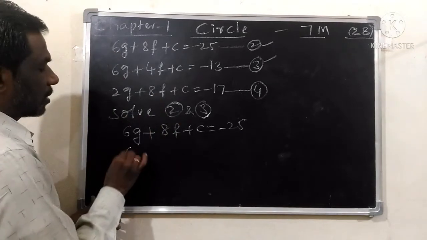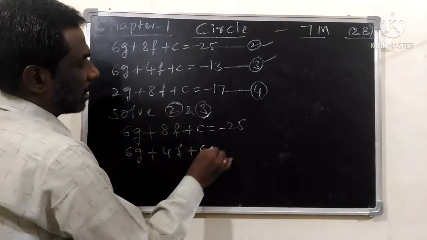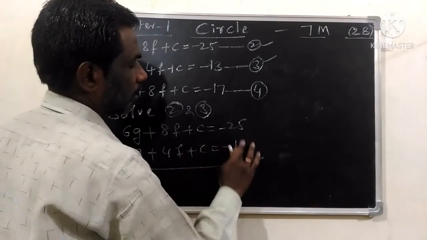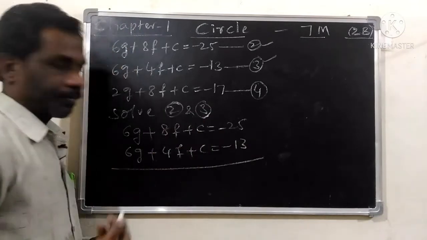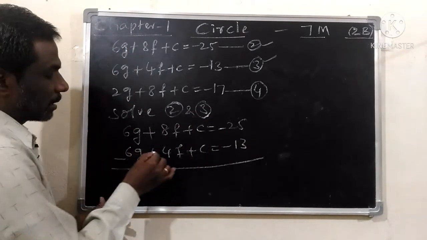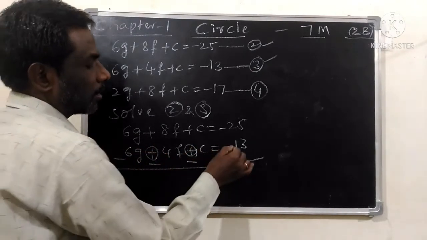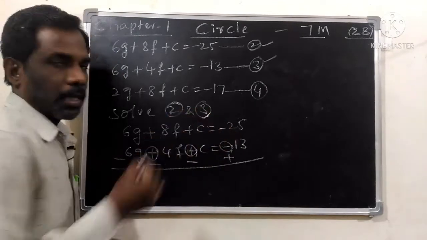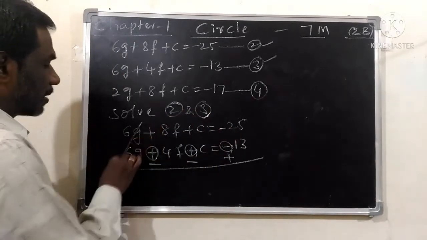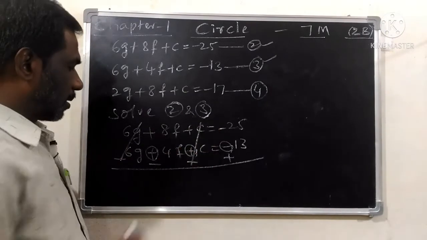And the third equation: 6g plus 4f plus c equals minus 13. Change the symbols: plus changes into minus, and minus changes into plus. Next, 6g minus 6g gets cancelled. Here plus c minus c also gets cancelled.